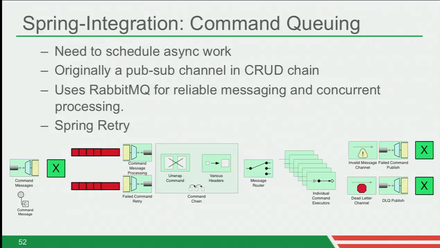And so that's what this final chain represents. Another area where we're making good use of Spring Integration is in queuing up commands. Originally, off of the database chain, we used to just have a pub sub channel hanging out at the end, and you can hook in a bunch of service activators, and those would execute some commands that needed to happen asynchronously in the background. Well, we found two things with that.